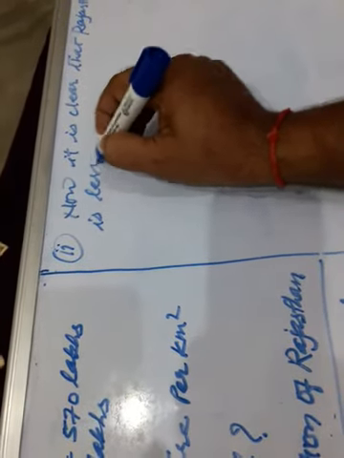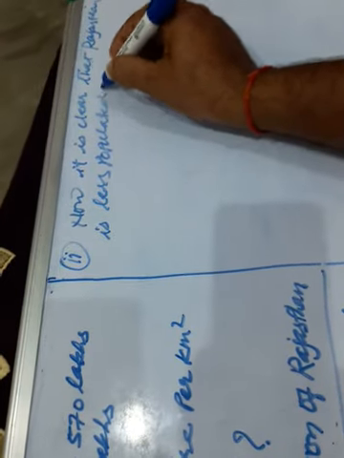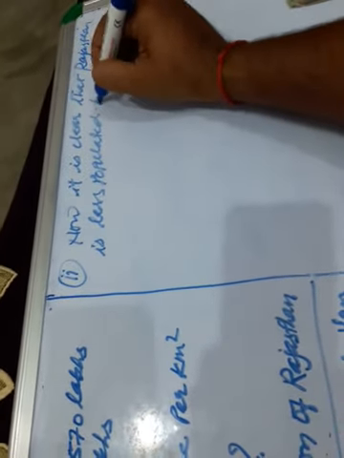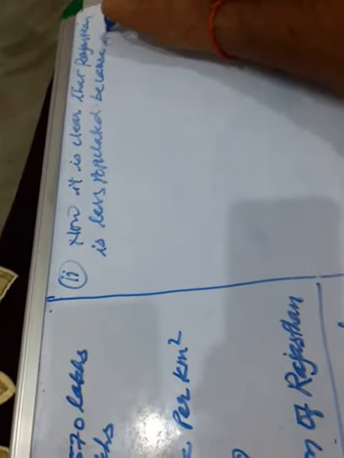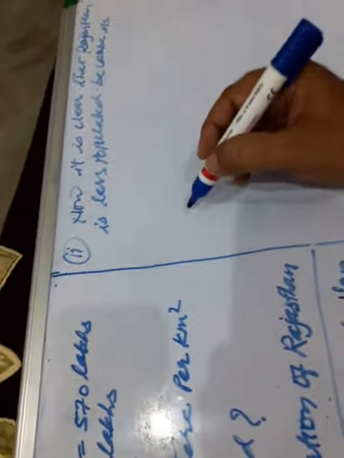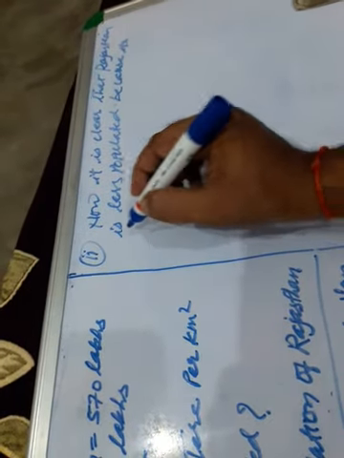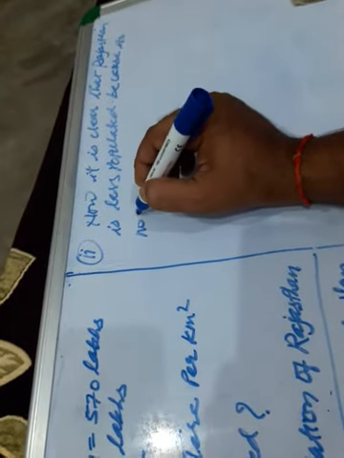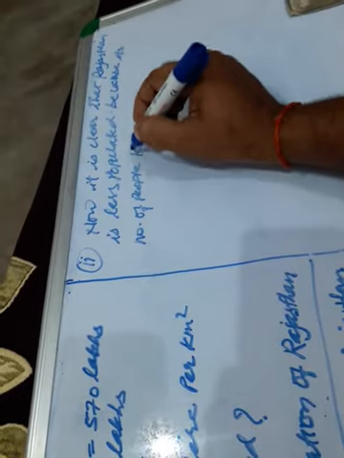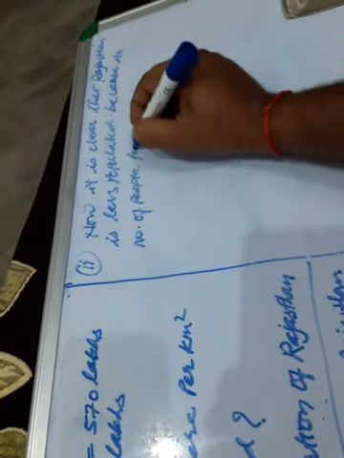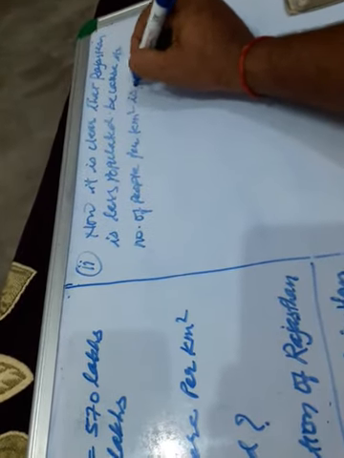Because its population density, its number of people per square kilometer, is less.